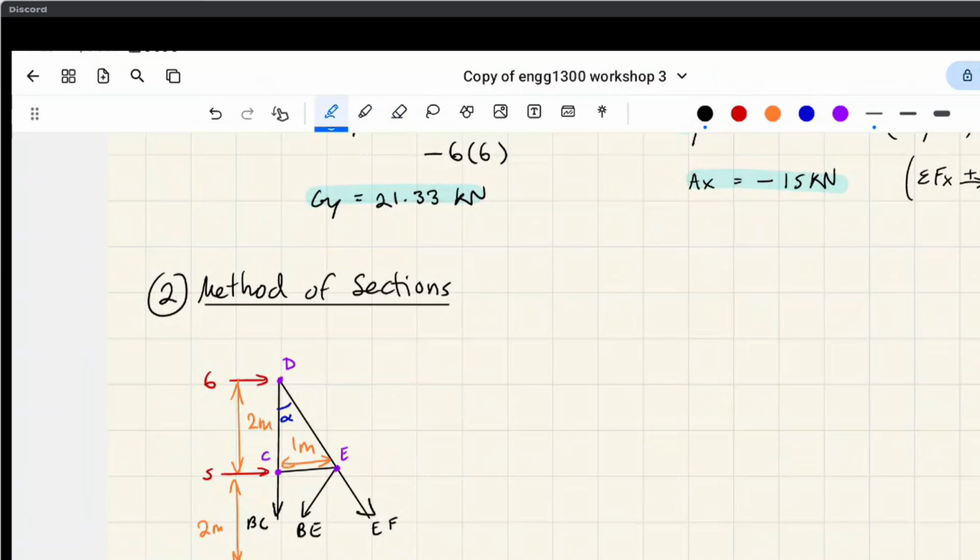I want to talk about this in the tutorial, but the next question is a method of joints question, not a method of sections question. You can actually take the sum of the moments about a point that's not on your free body diagram, technically.